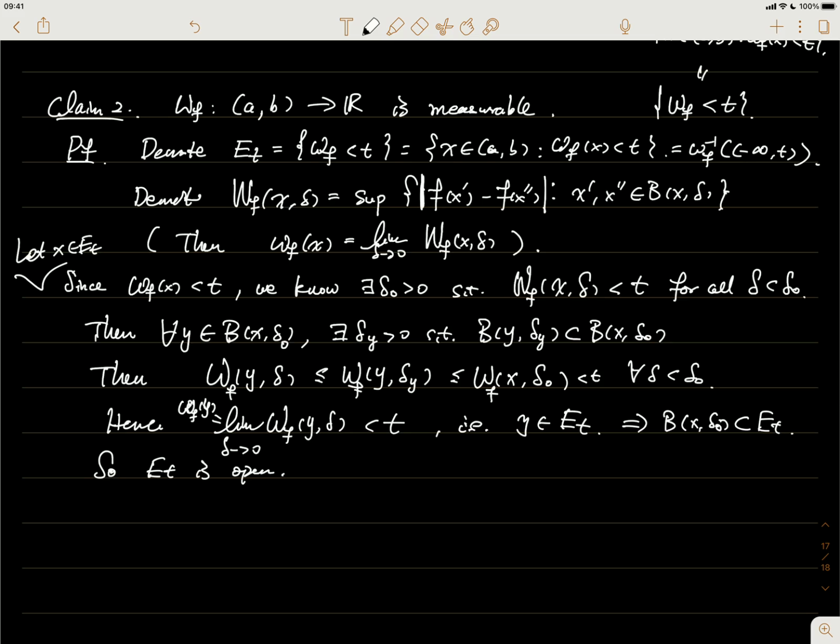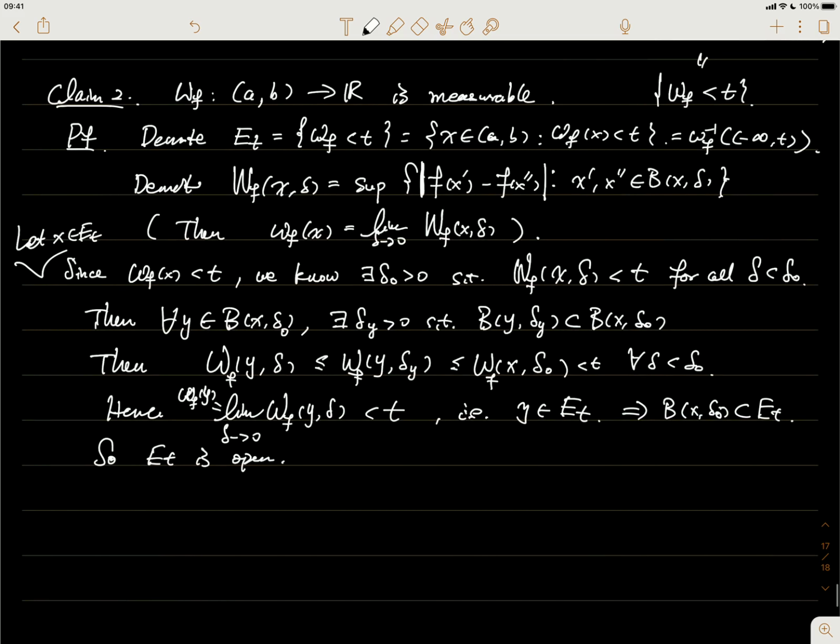And since it's measurable, we showed before that this w_f is a measurable function.